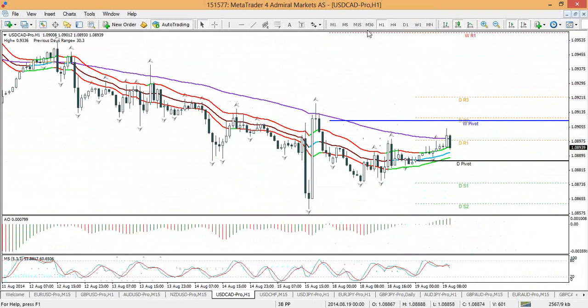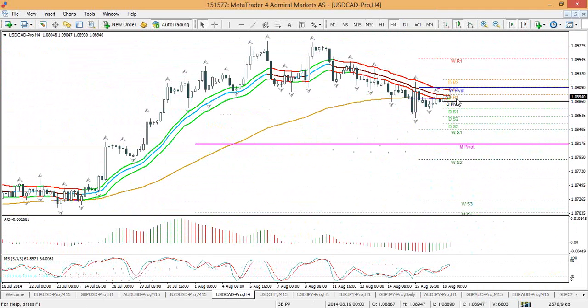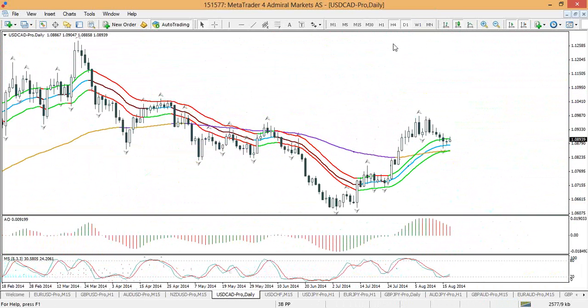Well, not much in my opinion. Dollar CAD is pulling the moving averages towards each other within a tighter consolidation, within a kind of contracting wedge pattern on the hourly. On the 4-hour chart, we see price also stuck between moving averages and pivot points. And the daily moving averages are flat, so I'm not interested in the dollar CAD.